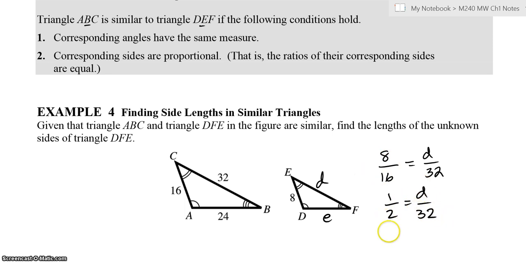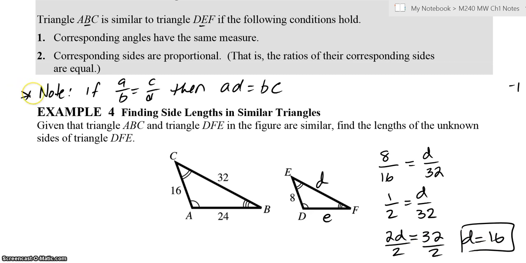And then we've learned in algebra that when two ratios are equal to each other, you can multiply 2d equals 32, the 2 and the d, and then you can multiply the 1 and the 32, and they're equal to each other. So you can get the answer for d is 16.